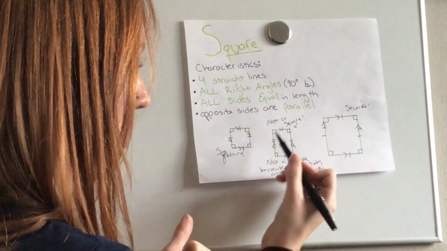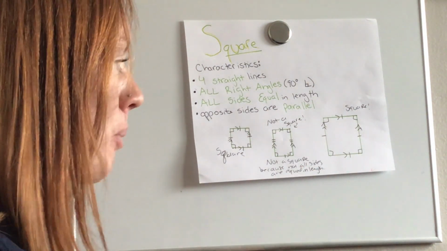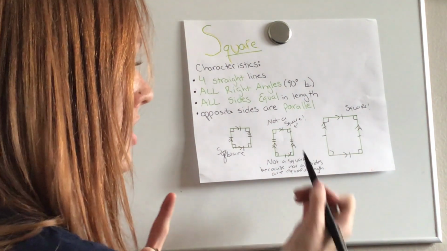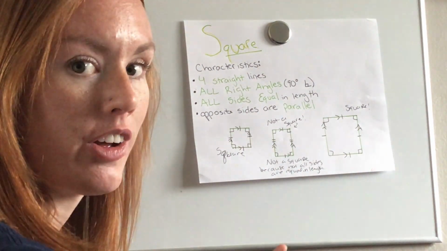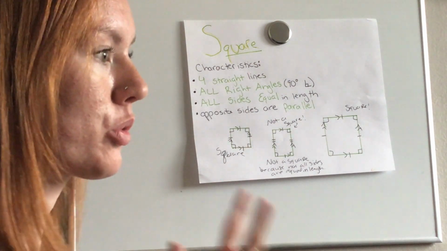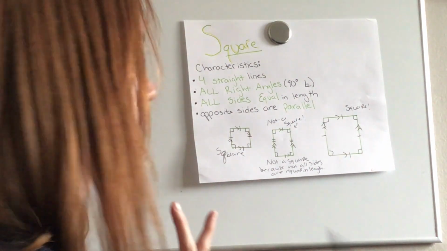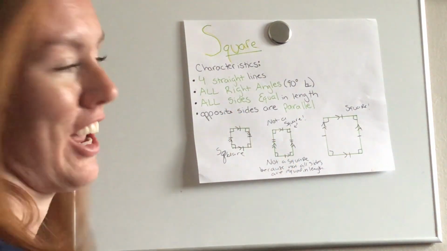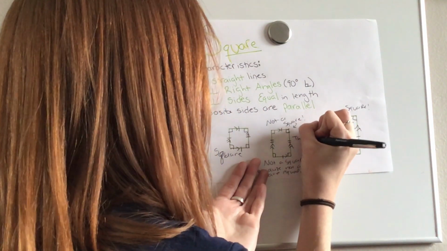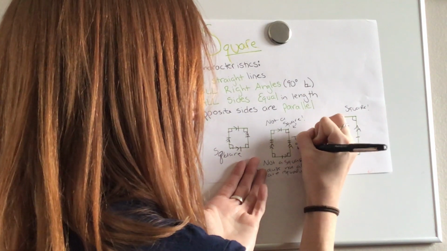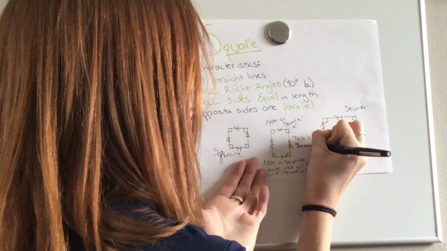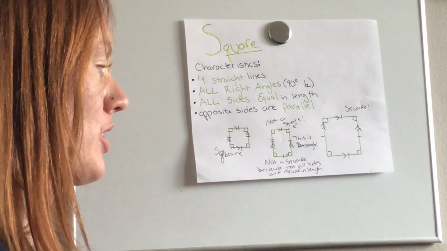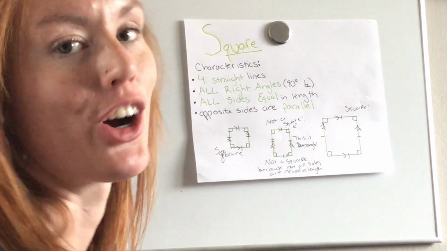The top and the bottom are equal, the sides are equal. It has opposite sides that are parallel to one another. The top and the bottom will never cross, and the two sides will never cross each other. And it has all right angles. This is a rectangle. It's not a square because not all sides are equal in length, which makes it a rectangle.